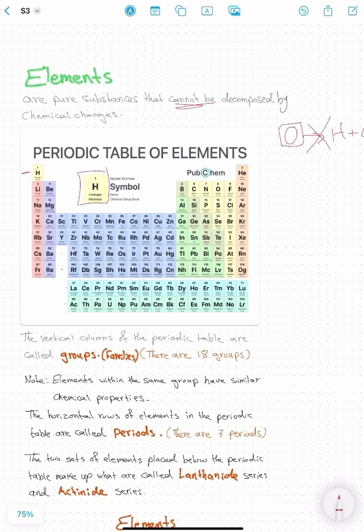We have some numbers here, the whole numbers. Number 1, number 2, number 3, 4, and so on, up to more than 100. So this tells us the atomic number of this element. This letter gives us the symbol of this element, and right beneath it is the name of this element, okay?